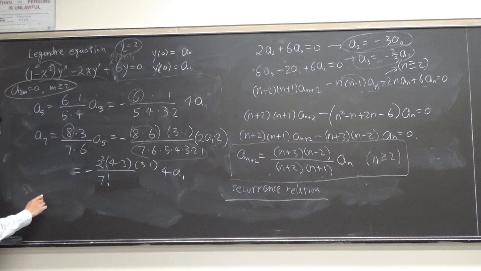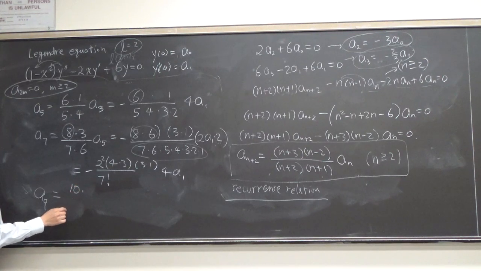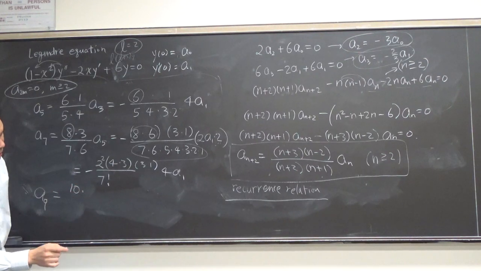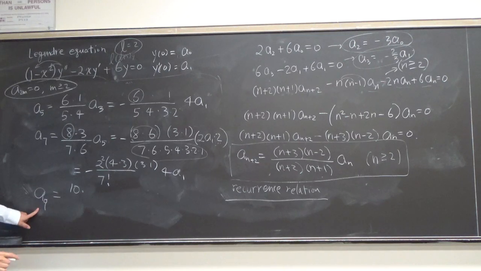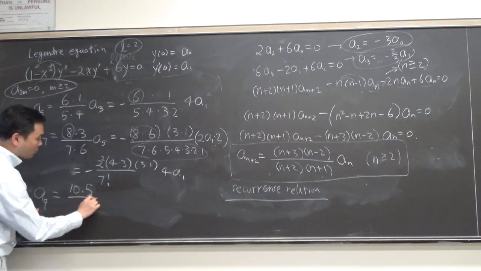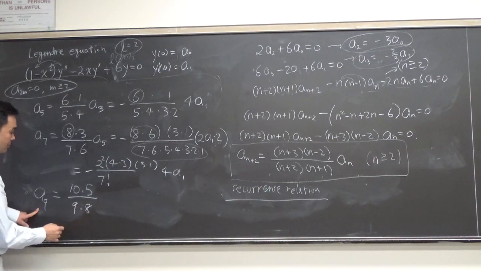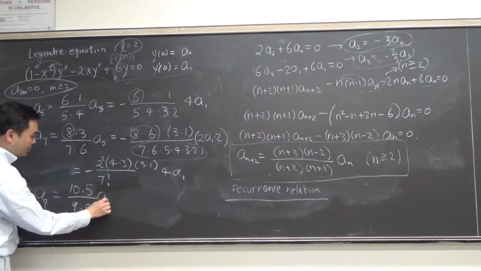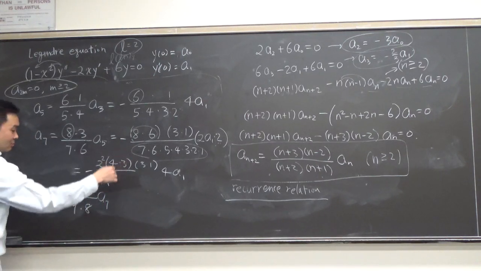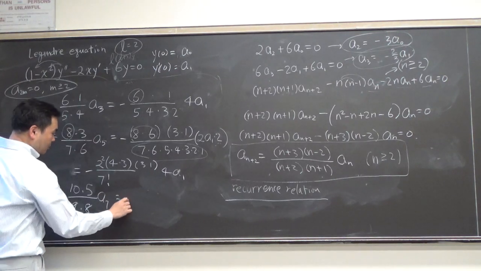Now let's do another one, A9. A9 would be 10 times, n is 7, right? To get 9, you get 7. 7 minus 2 is 5. 10 times 5 over 9 times 8 of A7, right? Well, A7 is this much, so this will be negative.